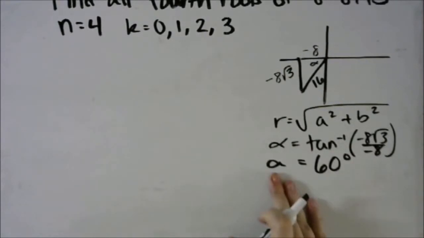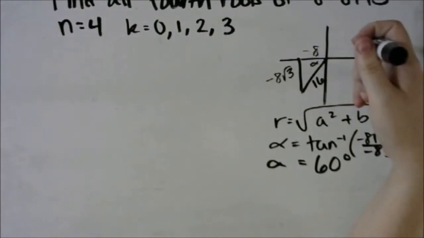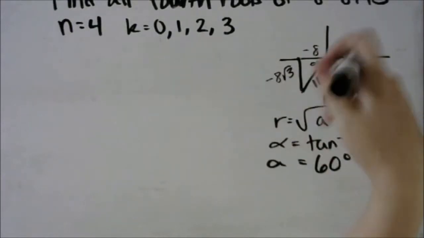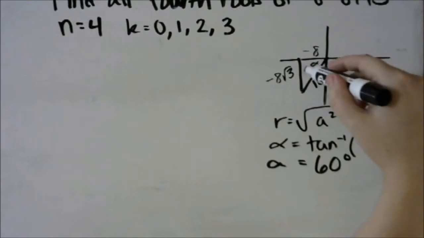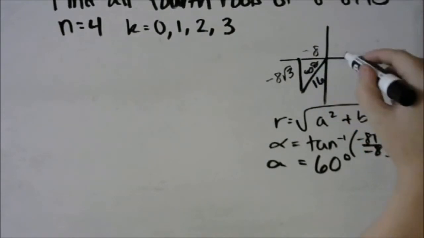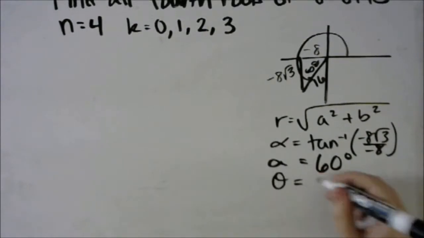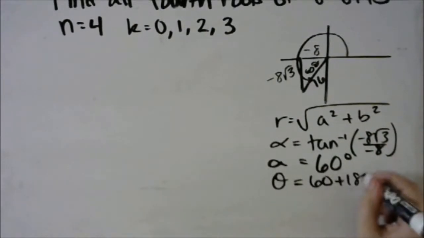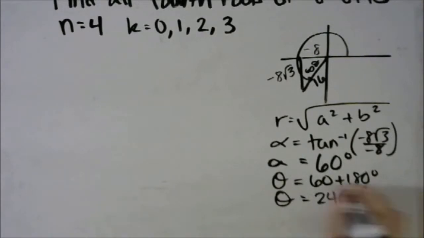Notice I used alpha, and that's because my calculator for inverse tangent is always going to output an answer here in the first quadrant or here in the fourth quadrant. And for the theta, I need an answer that's in quadrant 3. So I know I can take my alpha equals 60 degrees and simply add 180. Theta is equal to 60 plus 180, or theta is equal to 240 degrees.